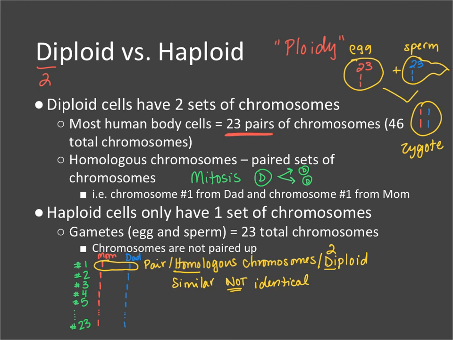Now, in meiosis, you start out with a diploid cell and you ultimately end up with haploid daughter cells. Haploid means that there's only one set, basically one set of chromosomes, which would be 23 total. So not 46 total, but 23 total chromosomes that would be found in these sex cells.